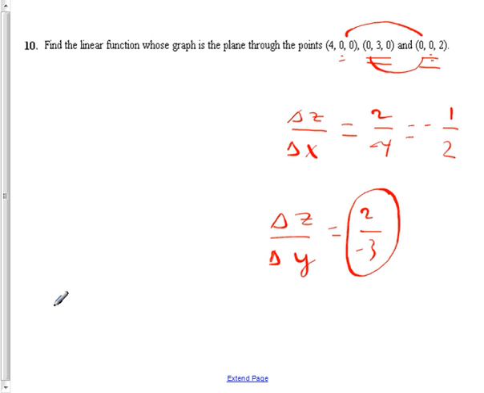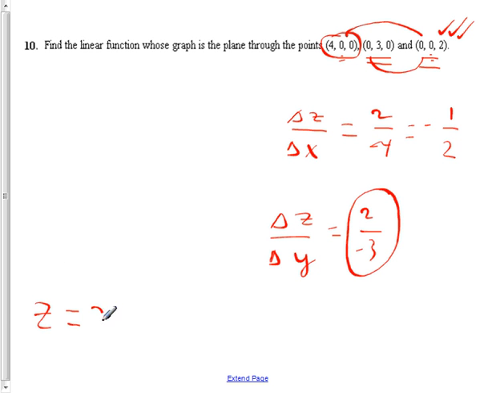So the equation of the linear function would be that z equals, now I need to choose a point. They're all relatively equal in terms of difficulty level. Actually, no, what makes the most sense is to choose this last point, because my x and my y values are 0. So this is my z-intercept.